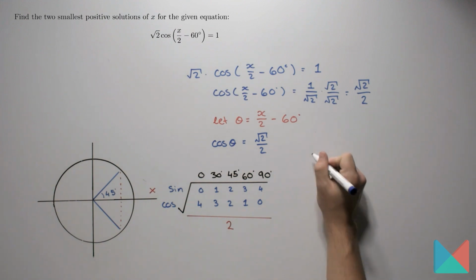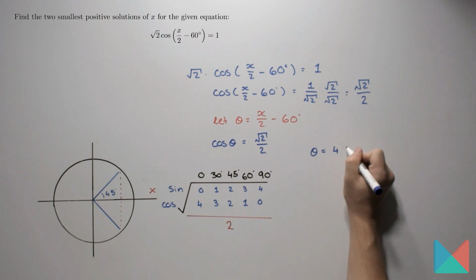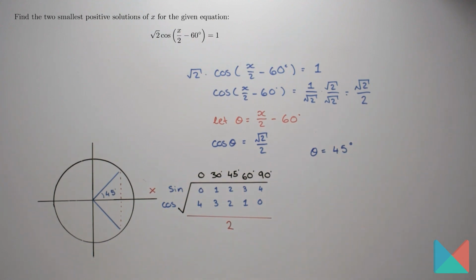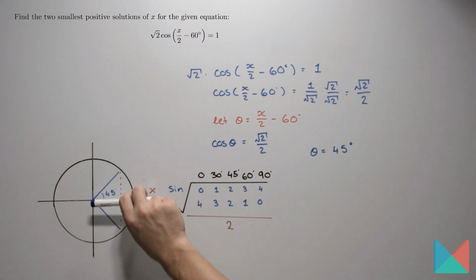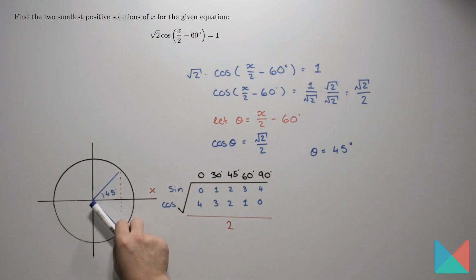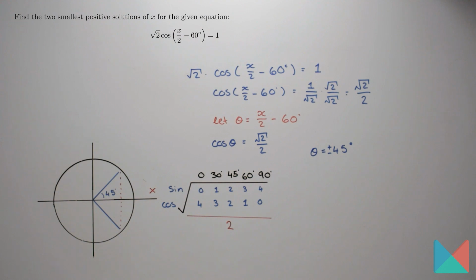So we can start by filling in our value of theta in the first quadrant, which is 45 degrees. We're also going to get some negative values just to get a good range. So going right, or clockwise, around the unit circle, we get to negative 45 degrees. So we have plus and take 45 degrees as two solutions so far.